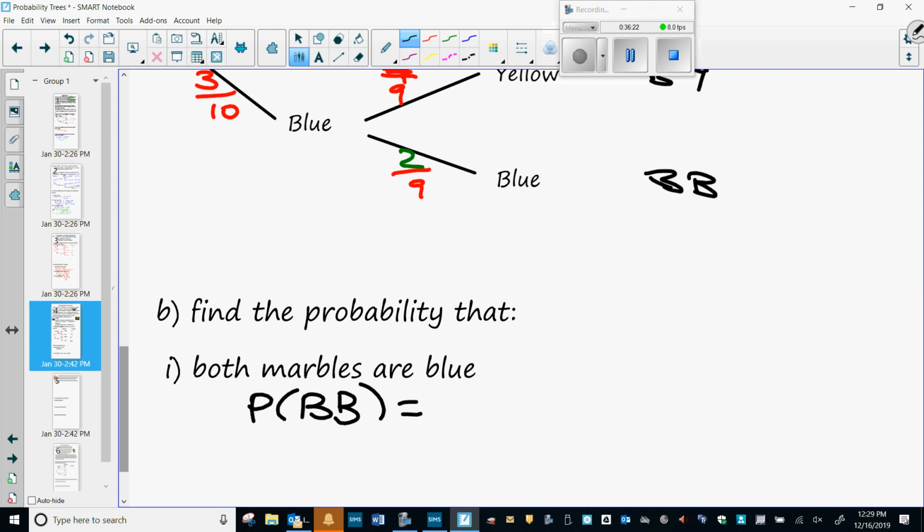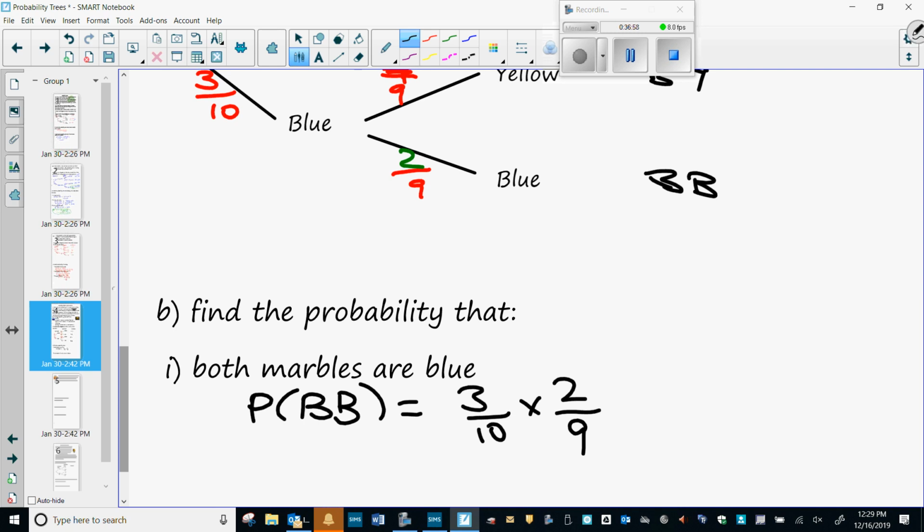So, as a tip, go with multiplying. If there is more than one option, then we add those answers together. The question says blue and blue. So we would do 3/10 multiplied by 2/9 because I'm following my blue, blue: blue in the first pick and blue in the second. So follow that branch.